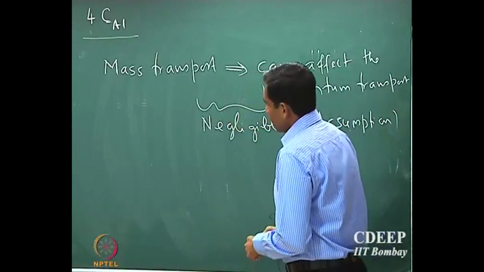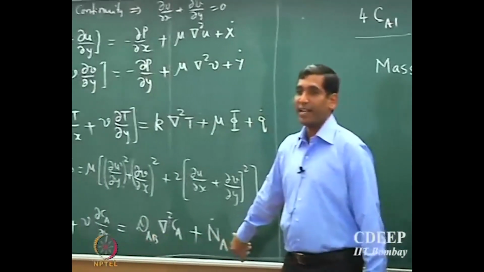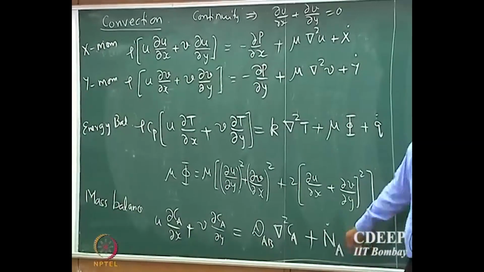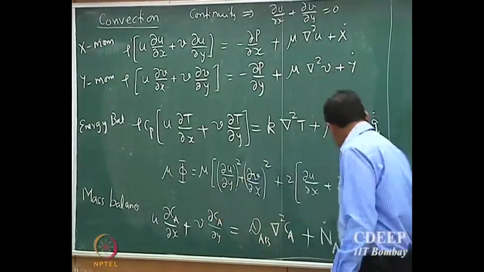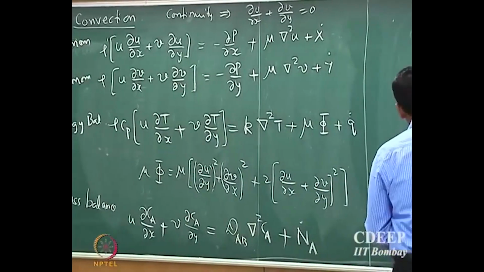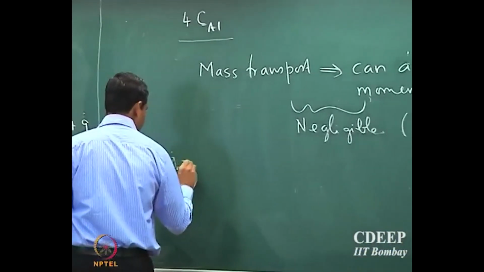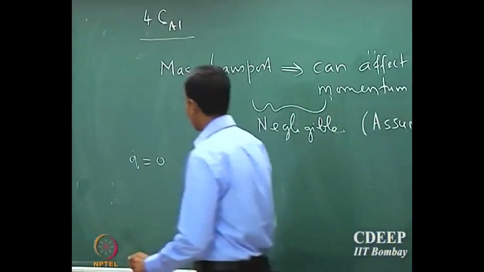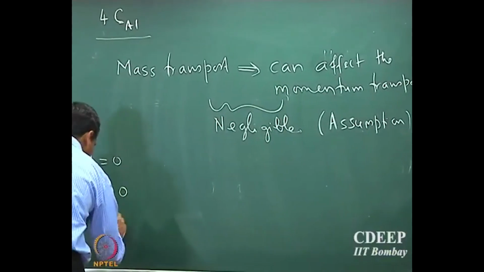So therefore this equation, if Na dot is a linear term, then the mass transport equation will become linear. To further simplify, we are going to assume that Q dot is 0, that there is no heat generation term, and then we are going to assume that the body forces are 0 to start with.